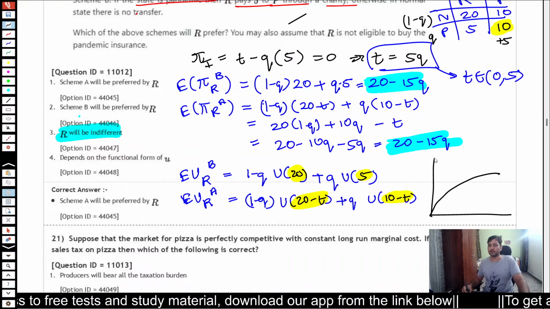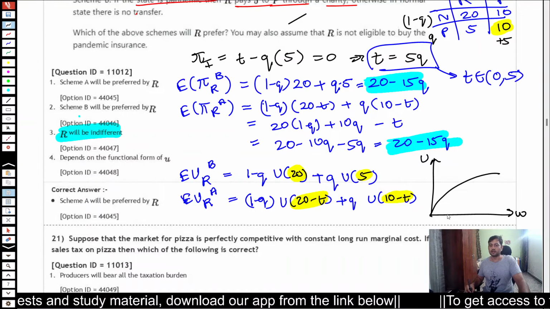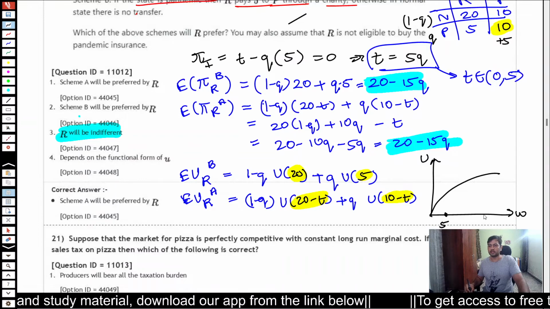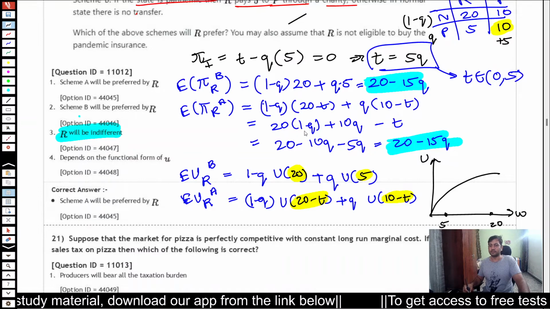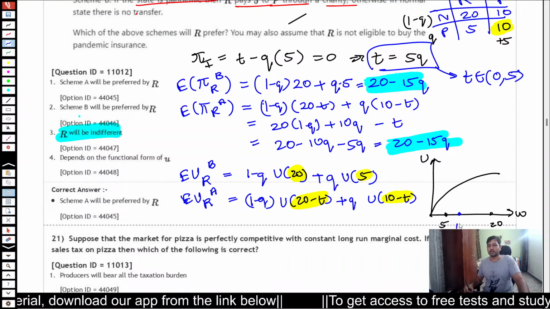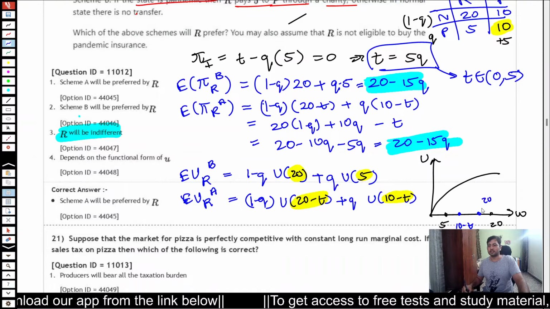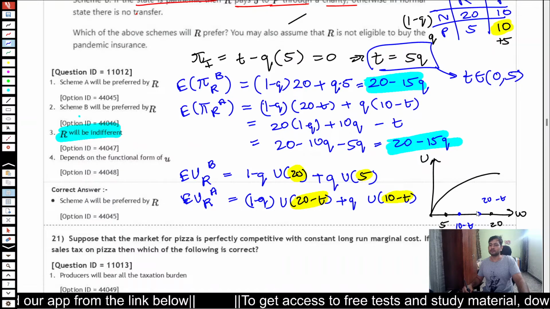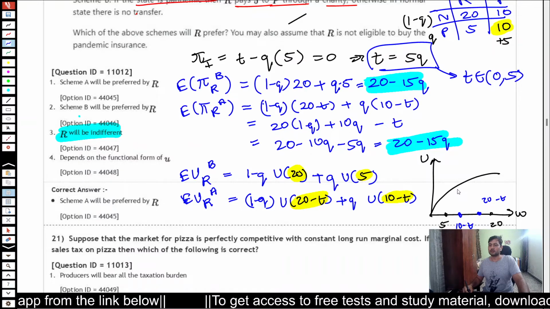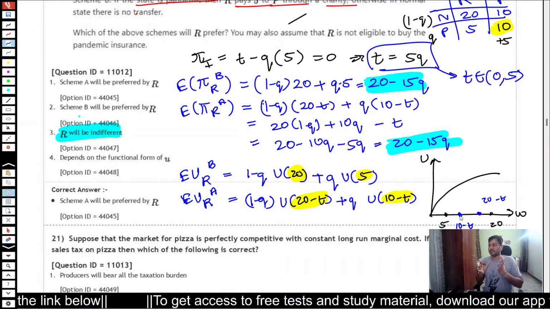So on a utility from wealth curve, this is utility and this is wealth, the points 5 and 20 are here. Whereas 10 minus T and 20 minus T, they are both here. Now obviously it is better to have intermediate things.